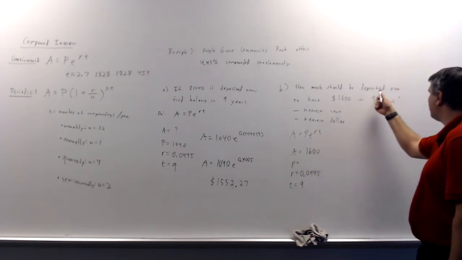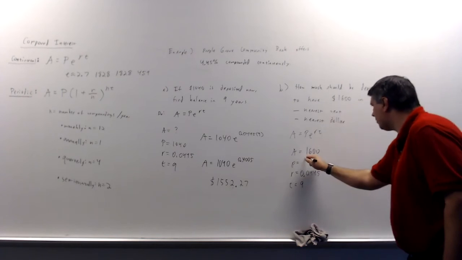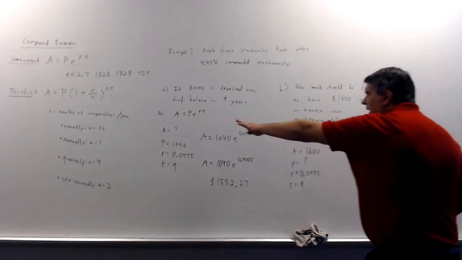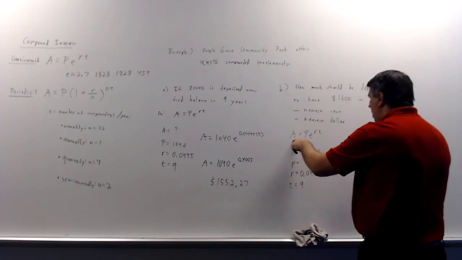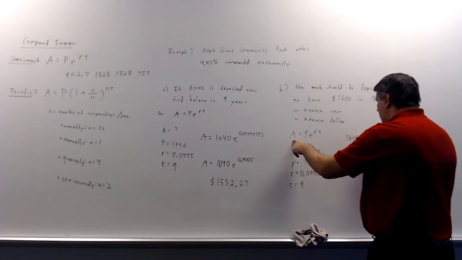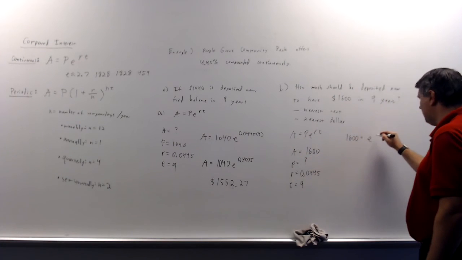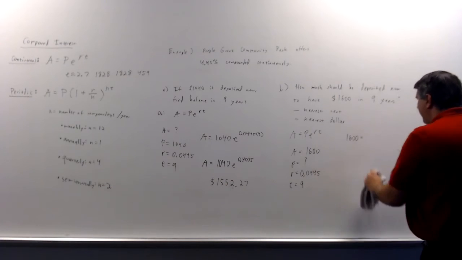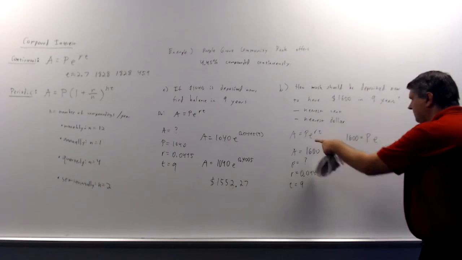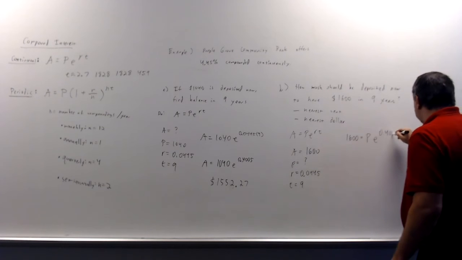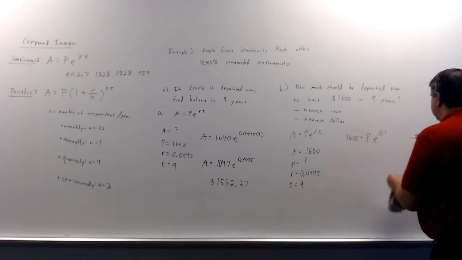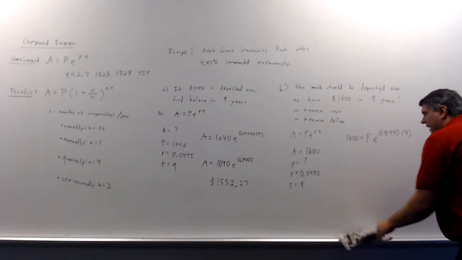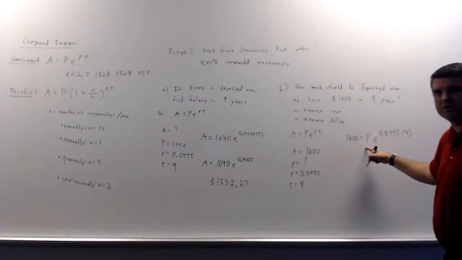We don't know what we're depositing, what we're starting with. As I said, determine what your values are before you start plugging things in. So I want to know when 1,600 will equal P times e to the 0.0445 times 9 power. Okay, that's my unknown. That is what I'm solving for.